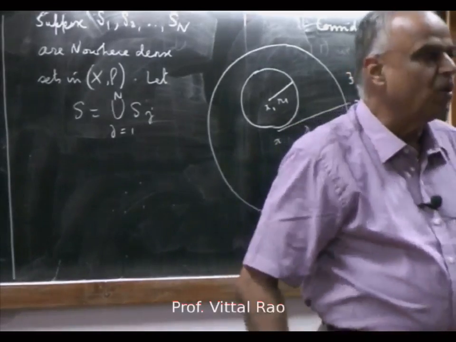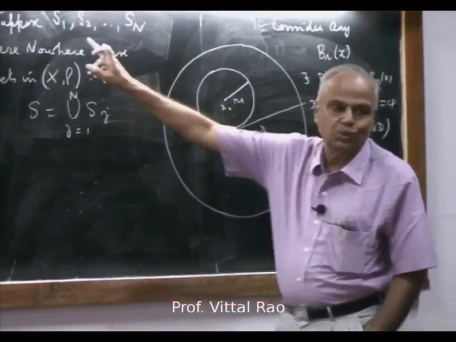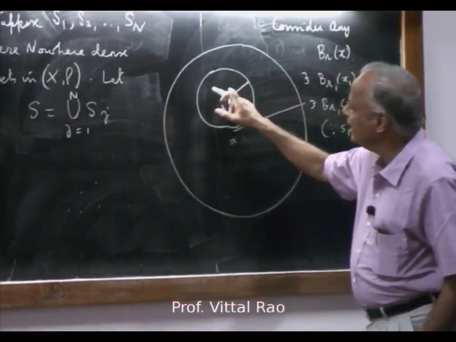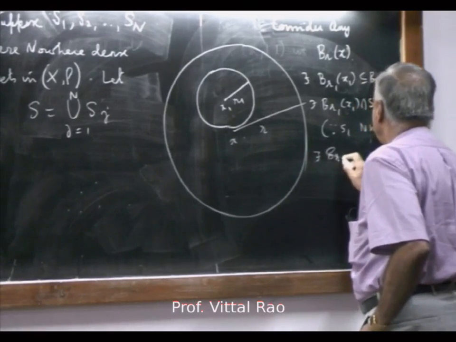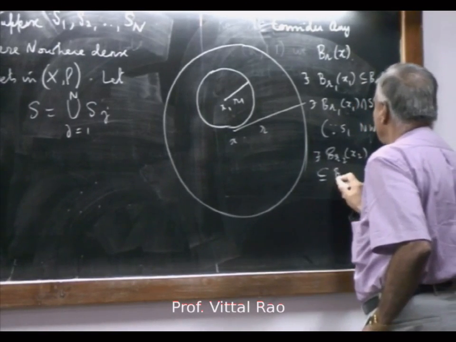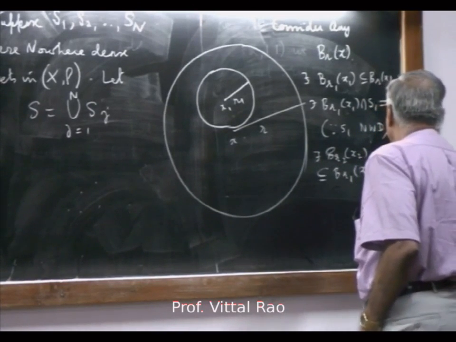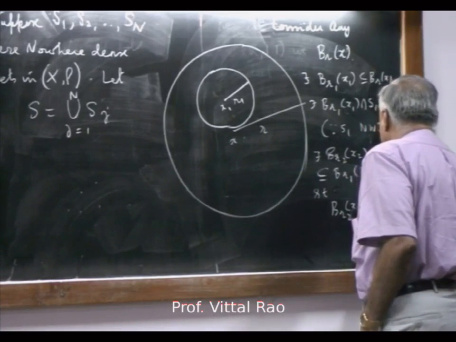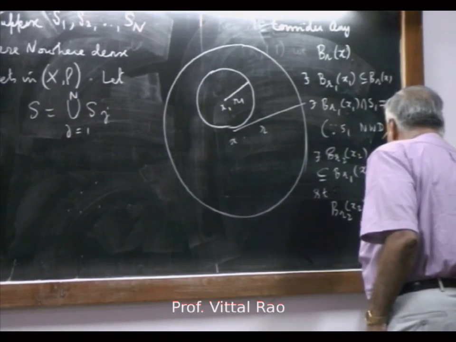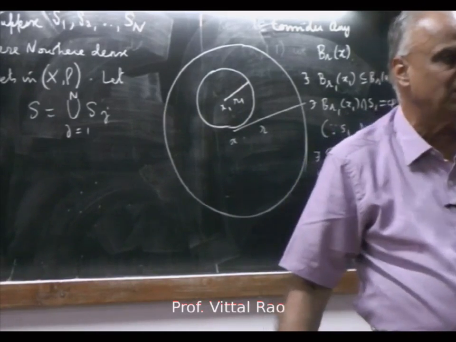Now, having pushed out S1, inside this, because S2 is nowhere dense, there will be a smaller ball which will avoid S2 points also. So there exists B_{r2}(x2) contained in B_{r1}(x1), which is itself contained in B_r(x), such that B_{r2}(x2) intersection S2 is empty, and obviously intersection S1 is also empty, because already we have pushed S1 elements out.